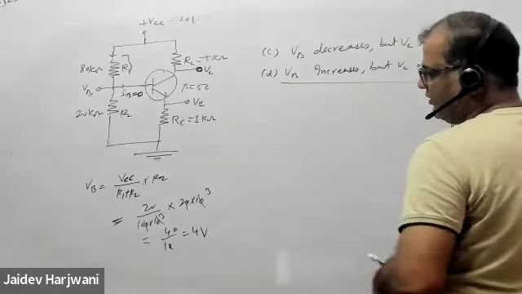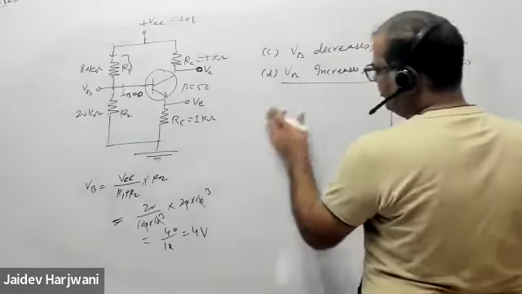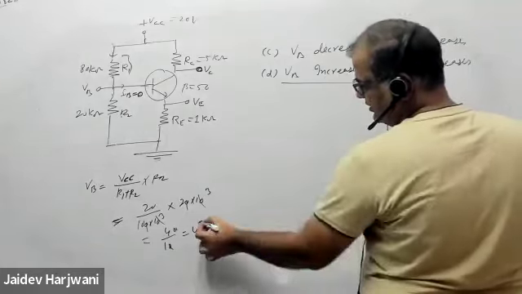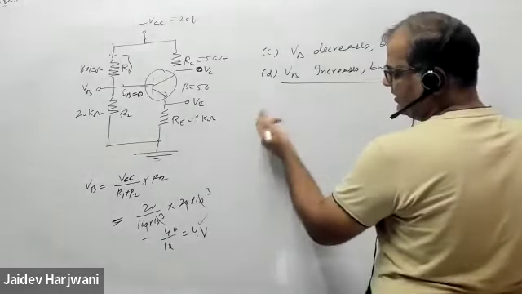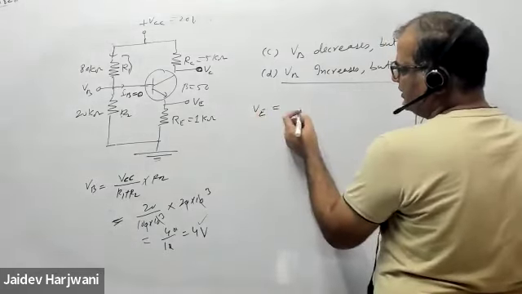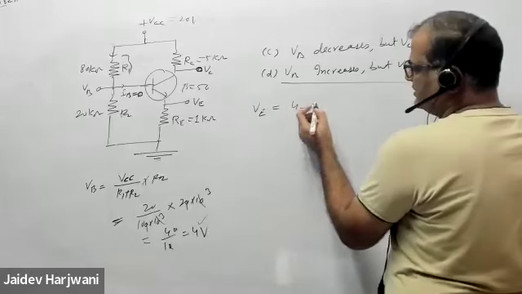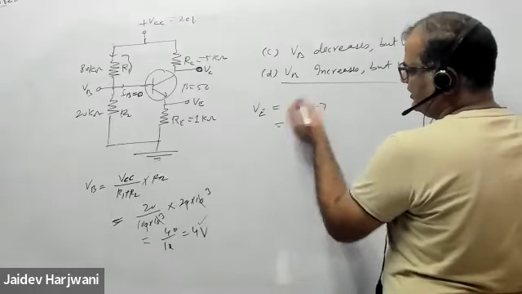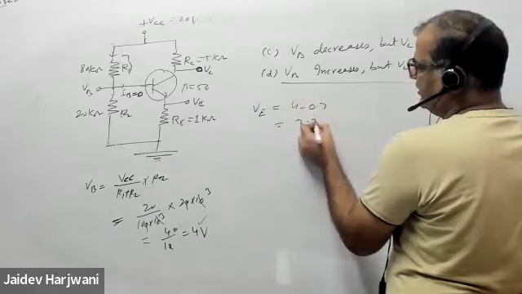Now tell me, if VB is 4 volt, what is the value of VE? VE will be 4 minus 0.7, which is 3.3 volt.